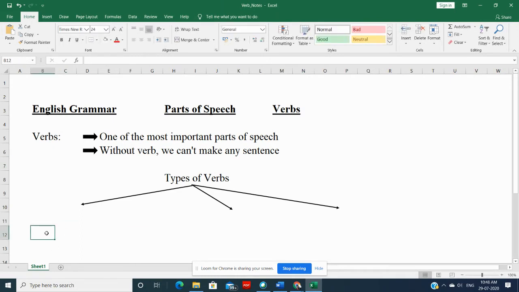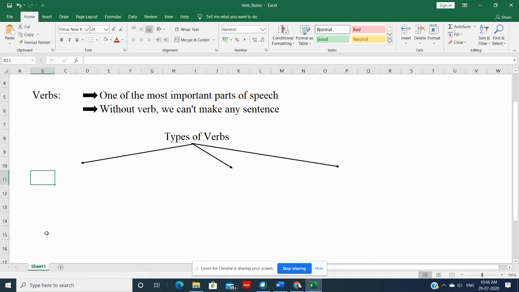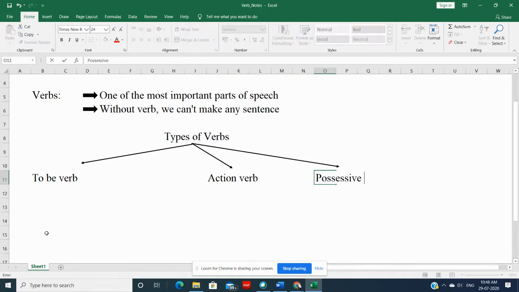The first one is the to be verb. The next one is the action verb. And the third one is the possessive verb. Now this to be verb is also called a linking verb.